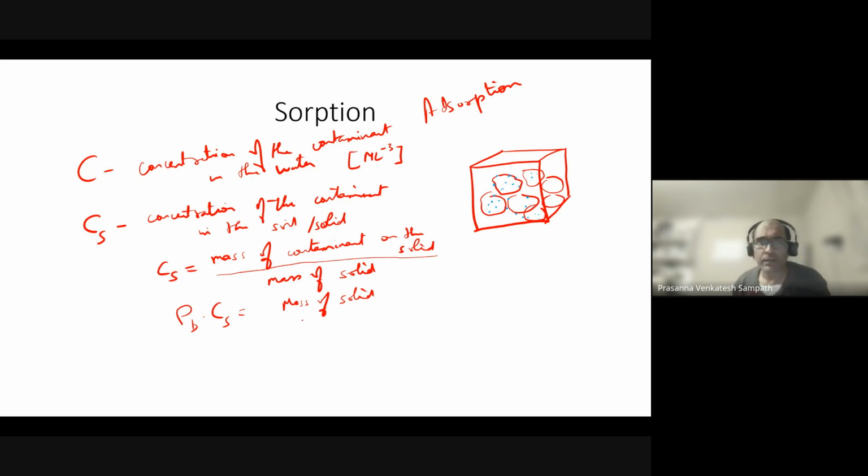Sorry, my handwriting is terrible, really. Divided by the total volume, multiplied by mass of contaminant divided by mass of solid.